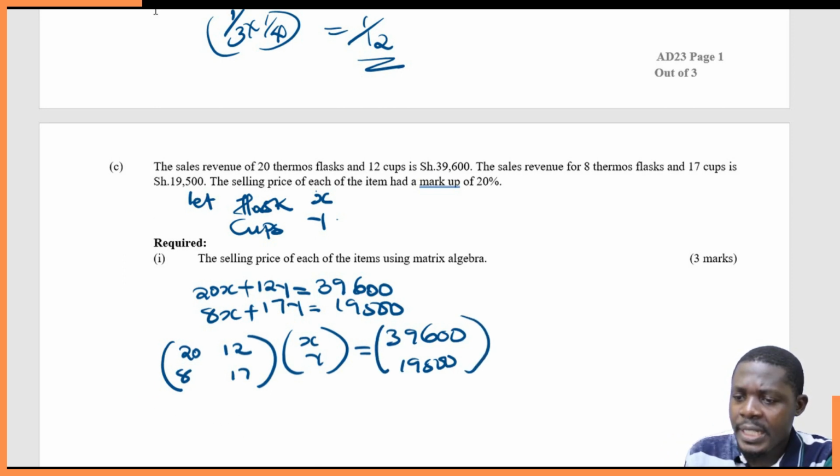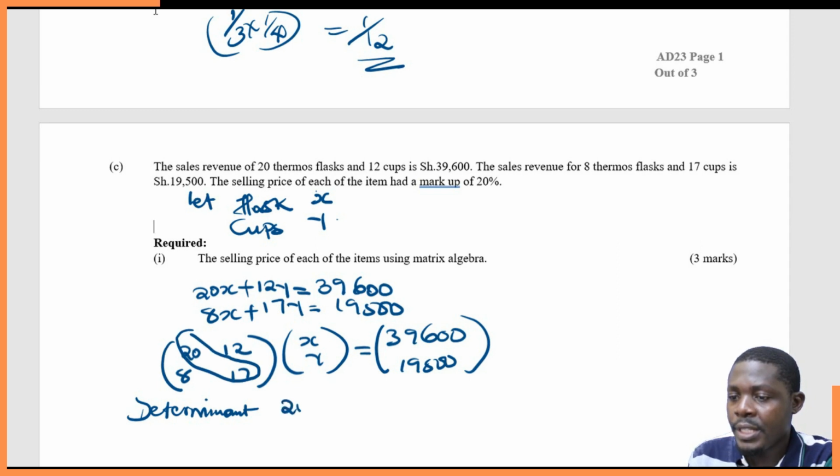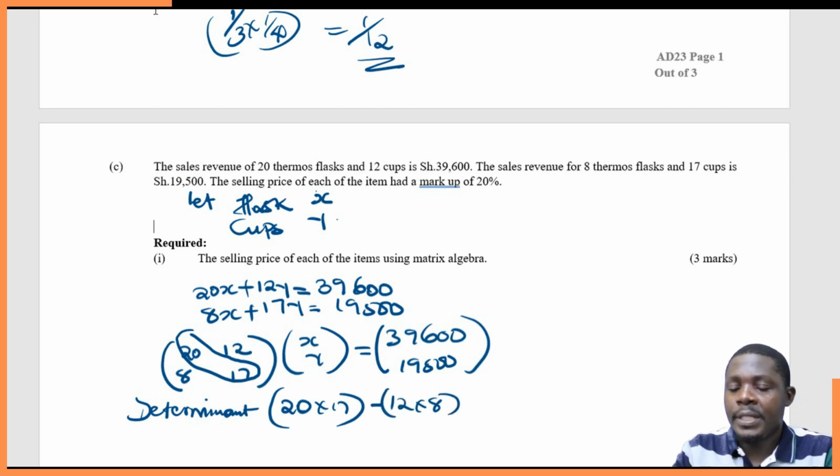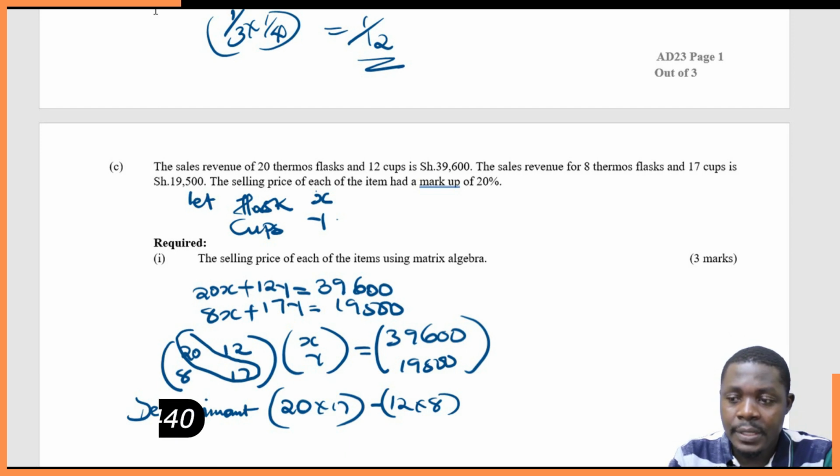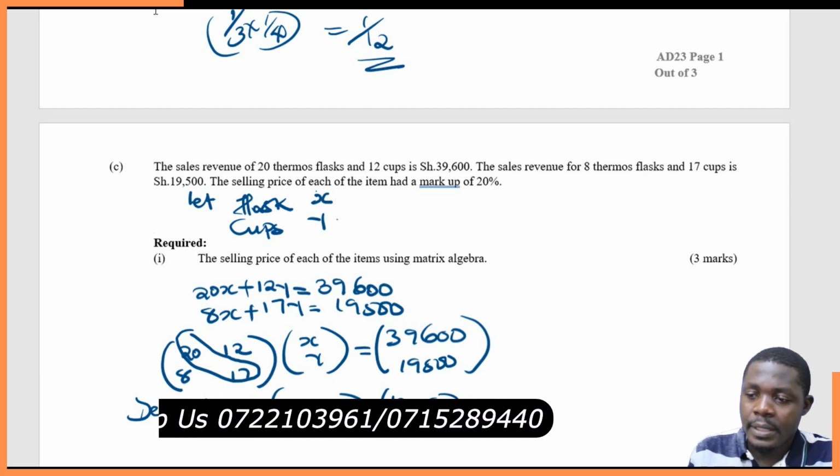At this point you can determine what we call the determinant. How do we get the determinant? This is the column of interest. I'm going to have 20 multiplied by 17, minus 12 multiplied by 8. 20 multiplied by 17, let me just confirm, yes, 340.